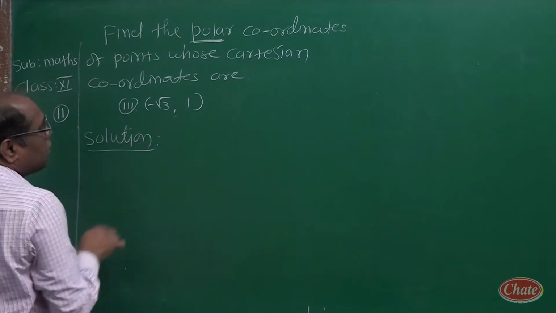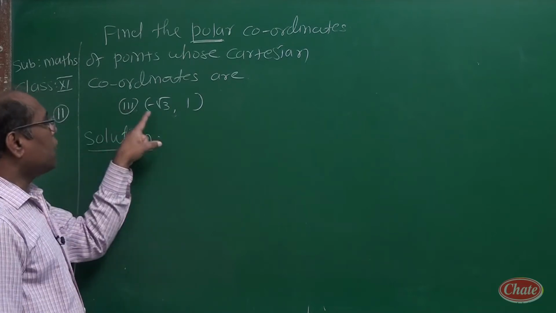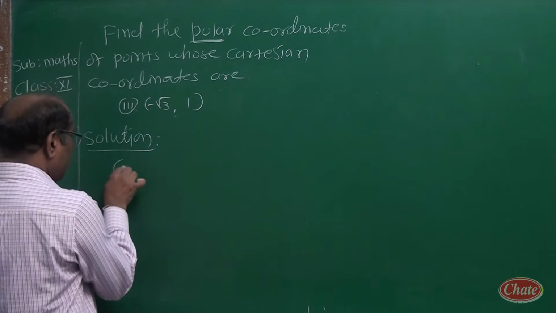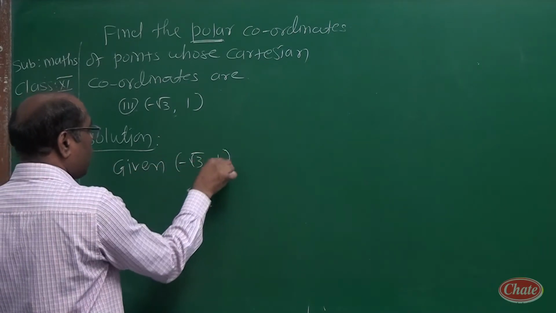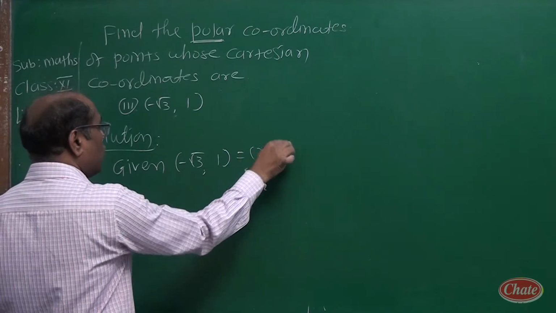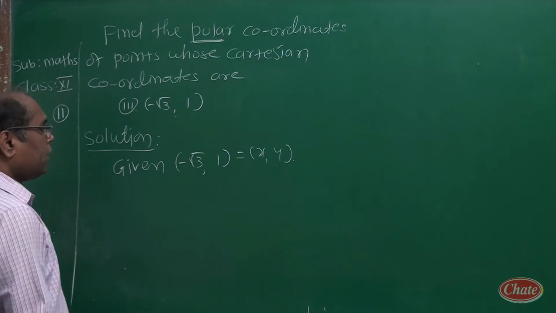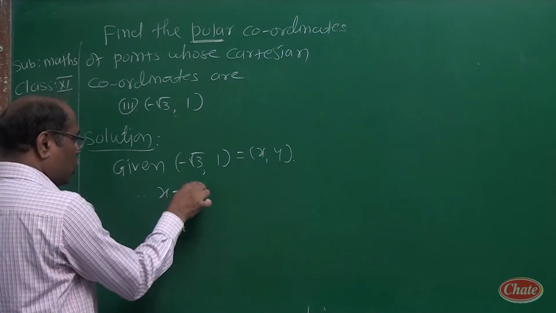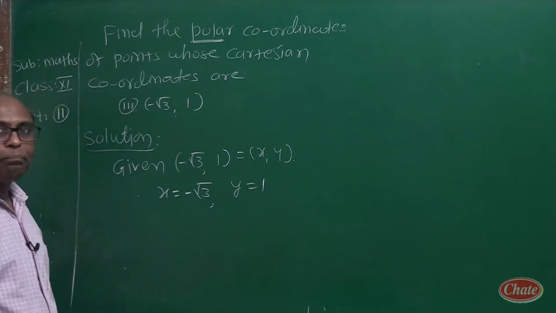In the last lecture we have taken 2 points. Here is the third, that is minus root 3 comma 1. So here we are given minus root 3 comma 1, that is equal to x comma y. Therefore x is equal to minus root 3 and y is equal to 1.